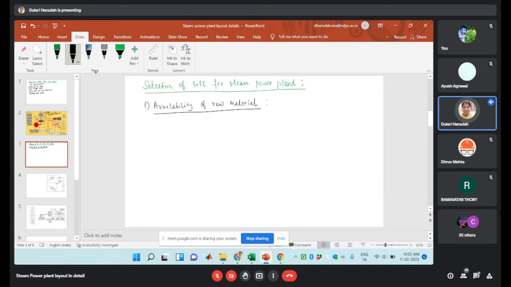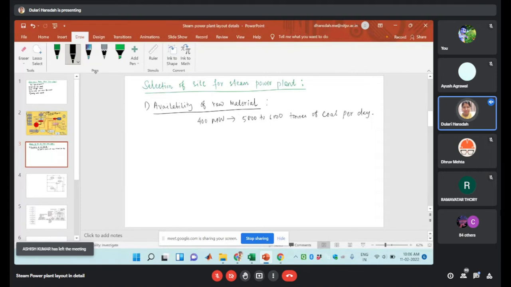So if we are discussing any modern thermal power plant which will generate 400 megawatt of capacity, the steam generation capacity or the power generation capacity. So 400 megawatt means it is the power generation capacity. So it will require approximately 5,000 to 6,000 tons of coal per day.